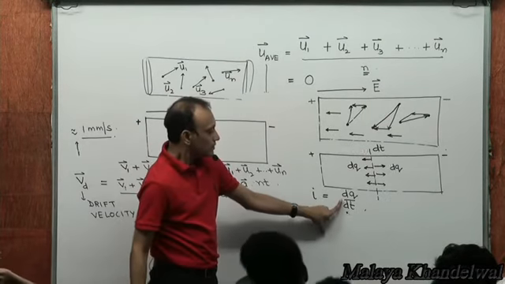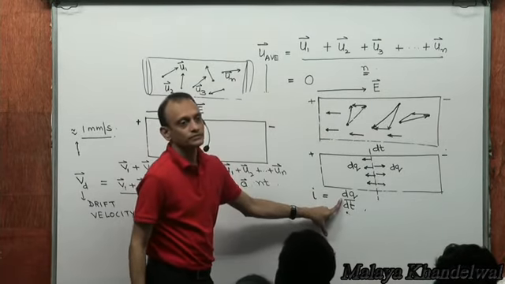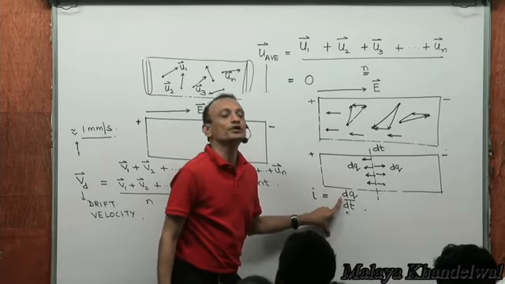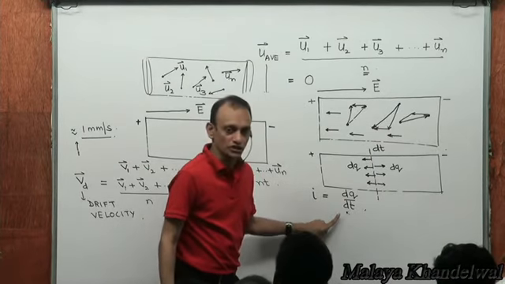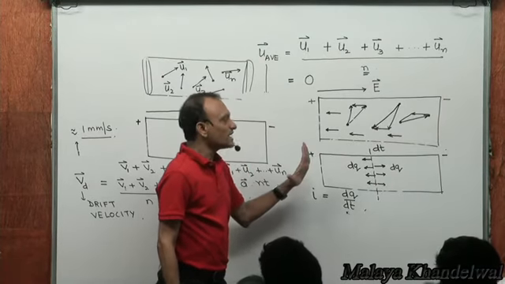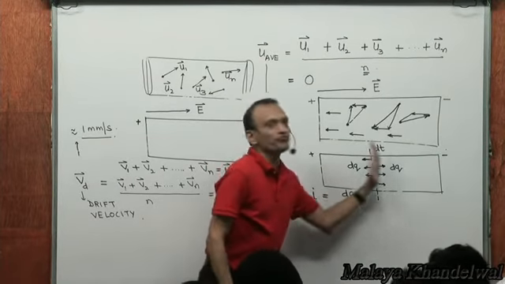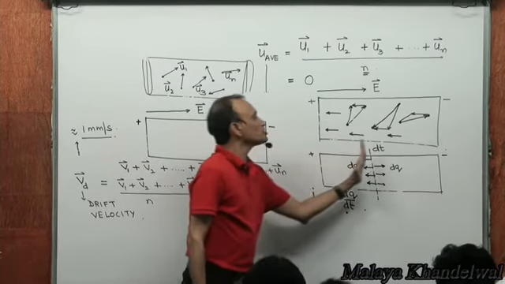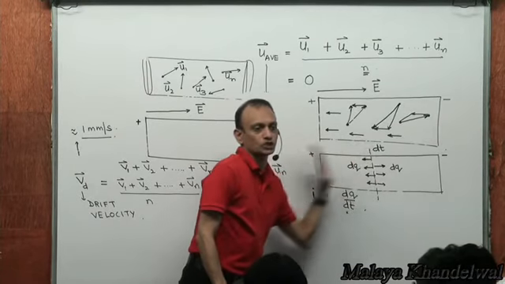And it's measured by another entity that we define for ourselves, dq/dt, rate of flow of charge across that cross section. So this current is like an equivalent flow of positive charge, which is opposite to the flow of electrons.